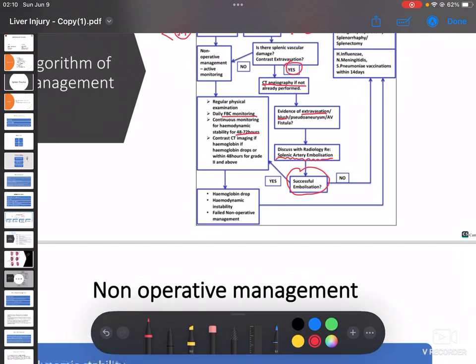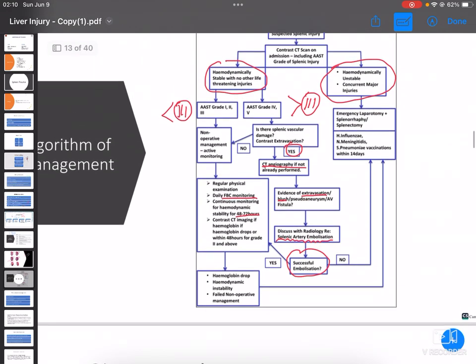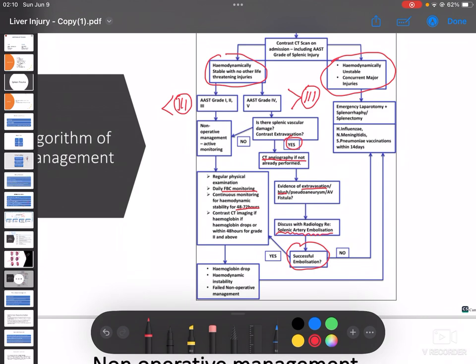Hemodynamic drop, hemodynamic instability, failed non-operative management: then we have to go for definitive management, that is emergency laparotomy, splenorrhaphy or splenectomy.